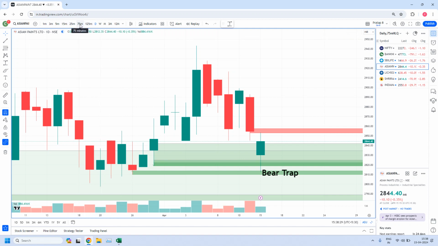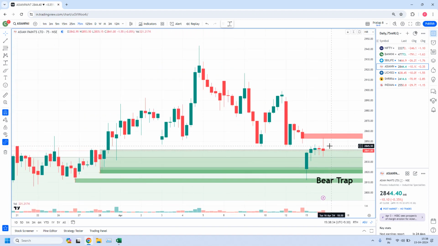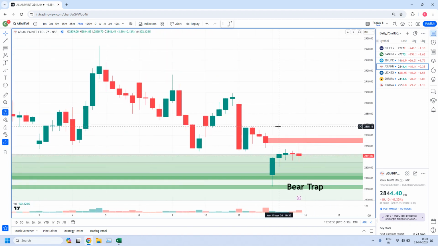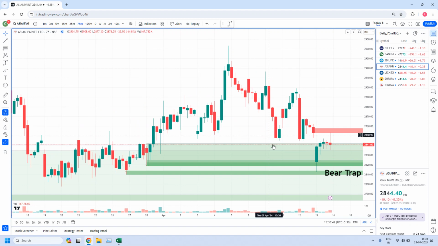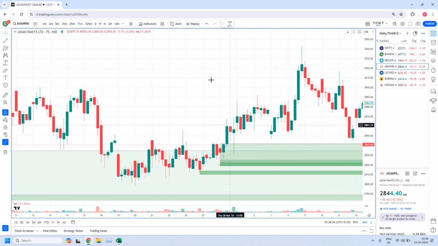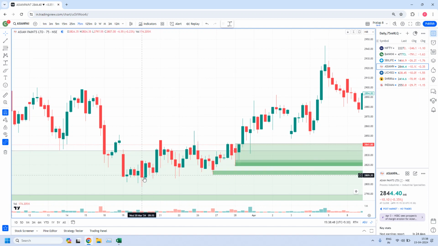So now I am changing the time frame to 75 minutes. So this is the one we are talking about. See here, we have a rally, 2 base candles, and again a rally candle.